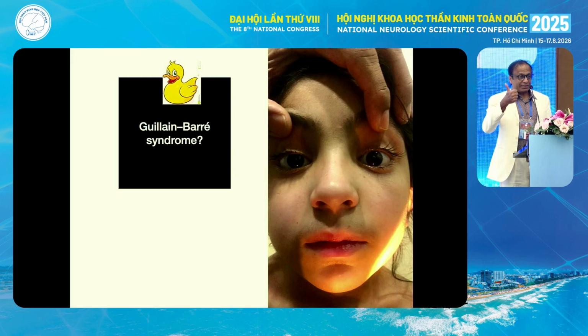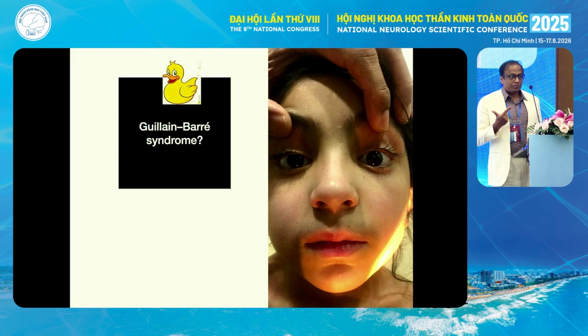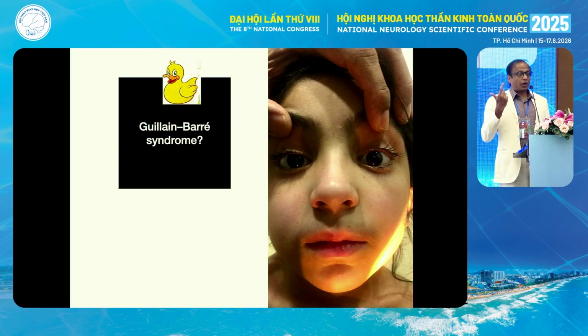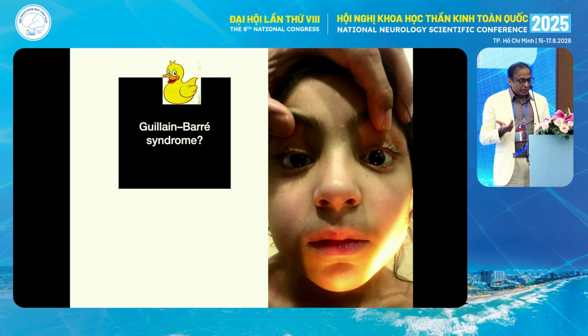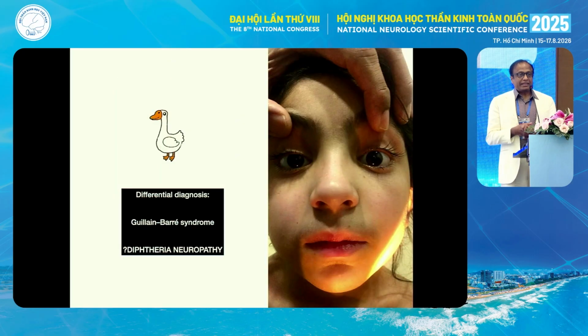So measles and diphtheria was a common infection in children because these children are not properly vaccinated. So he asked me whether this patient is not a duck, but a goose, which is diphtheric peripheral neuropathy.